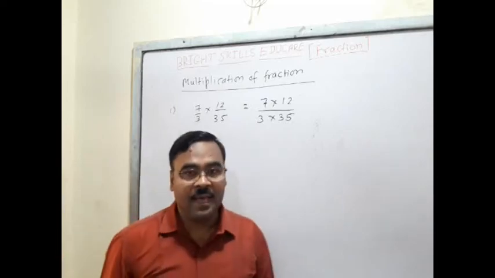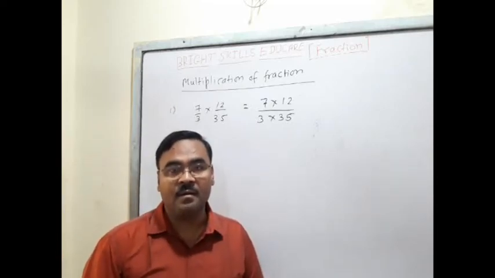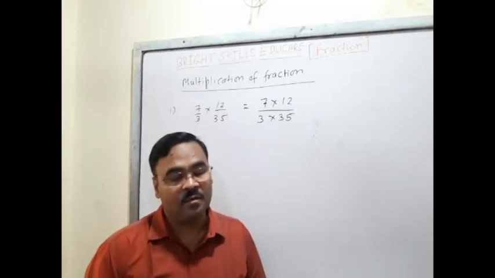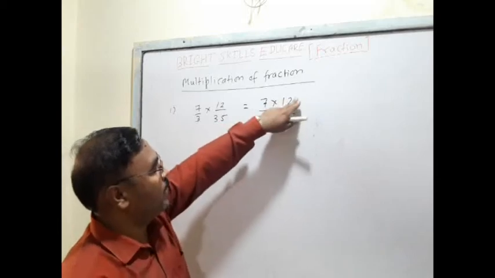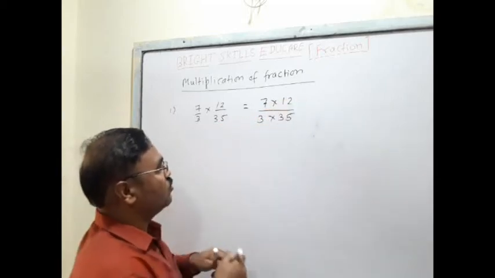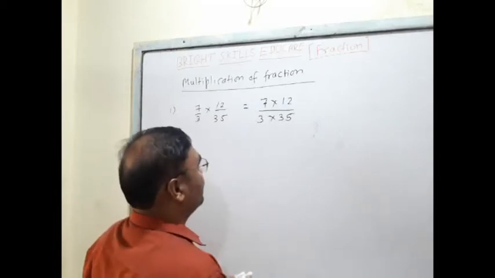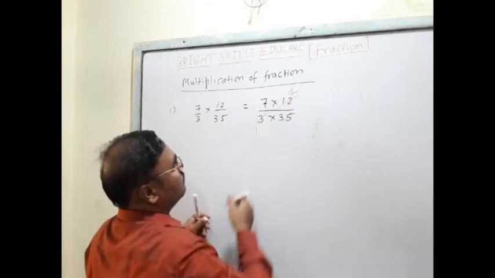Students, here there is a cancellation between numerator and denominator by a certain multiple. So let us check it. 3 and 12. See, 12 is divisible by 3, so you can cancel it. 3 1s are 3 and 3 4s are 12.